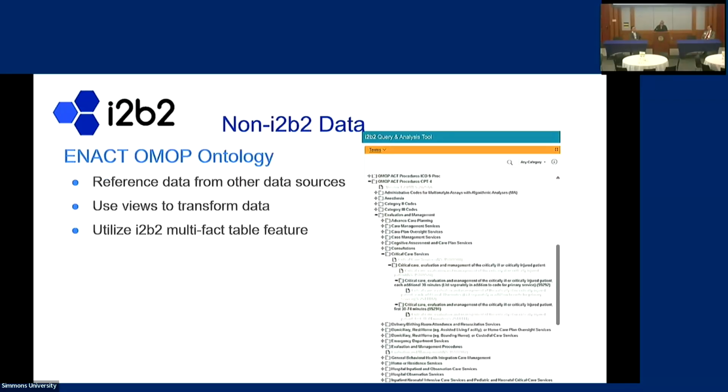And then the last one is using ontologies to access non-I2B2 data. My example of this is the OMOP ontology. So basically underneath the data source for this ontology is actually an OMOP database. In this case, you can use the I2B2 multi-fact table feature.